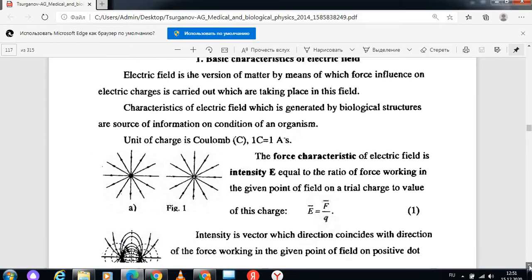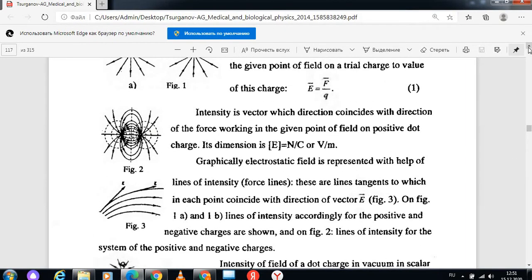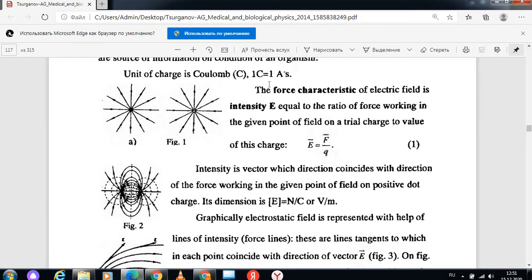Yes, 1 coulomb is 1 ampere multiplying on second. We will talk again and again that our coulomb is ampere multiplying on second, not dividing but multiplying.